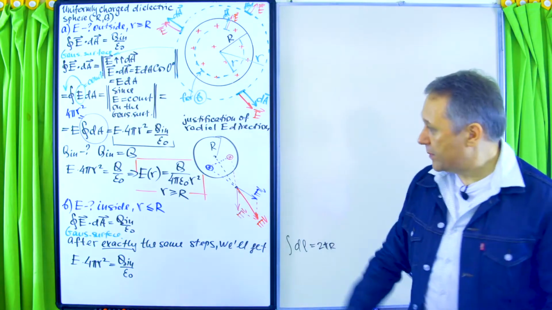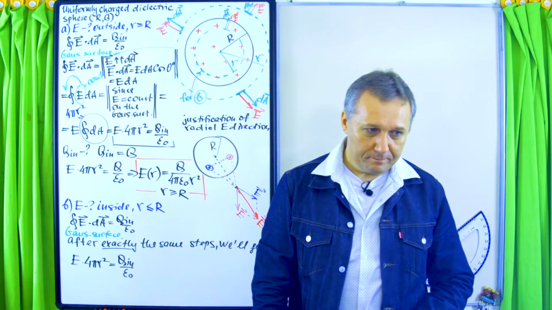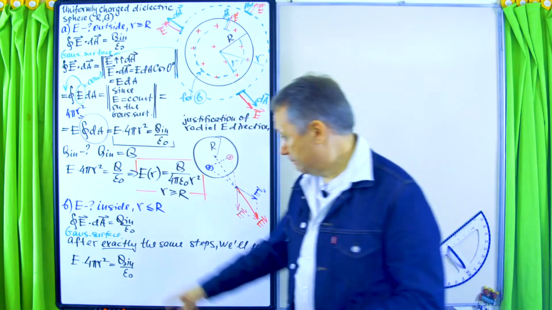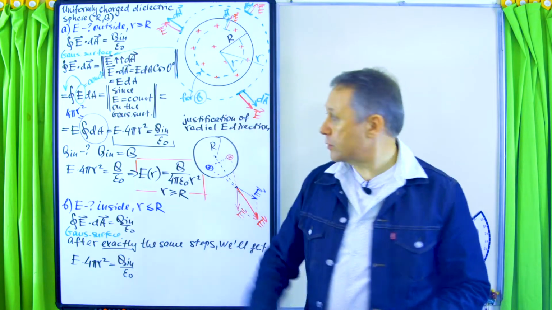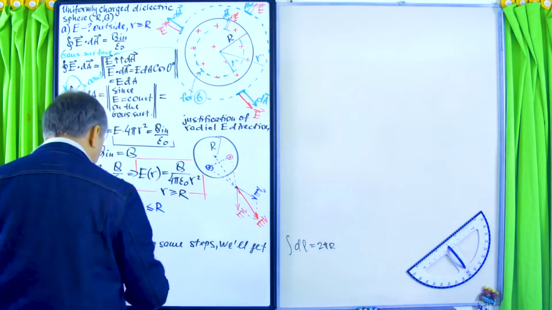Now we have just calculated the electric flux as a function of r, and we just need to take care of Q enclosed. So the next step, what about Q enclosed?